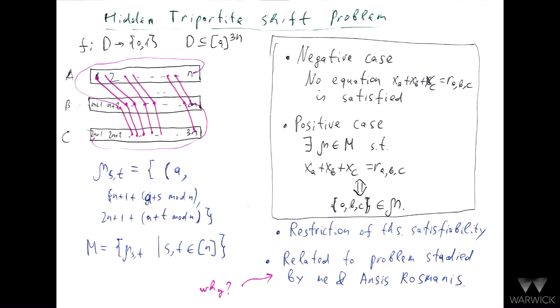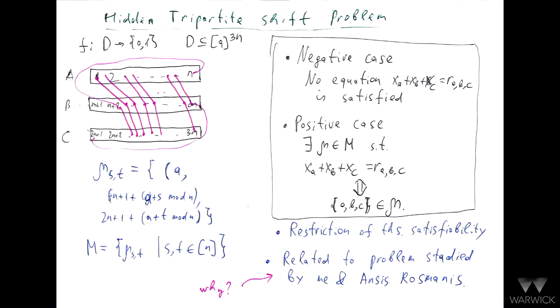But in this case, we have these three-dimensional shift matchings, so that we have two shifts S and T. Each element is paired or tripled with an element shifted by S in B and shifted by T in C. We have the set of all such possible tripartite matchings, there are n squared of them, and in the negative case no equation is satisfied, so the negative case is exactly the same as before.